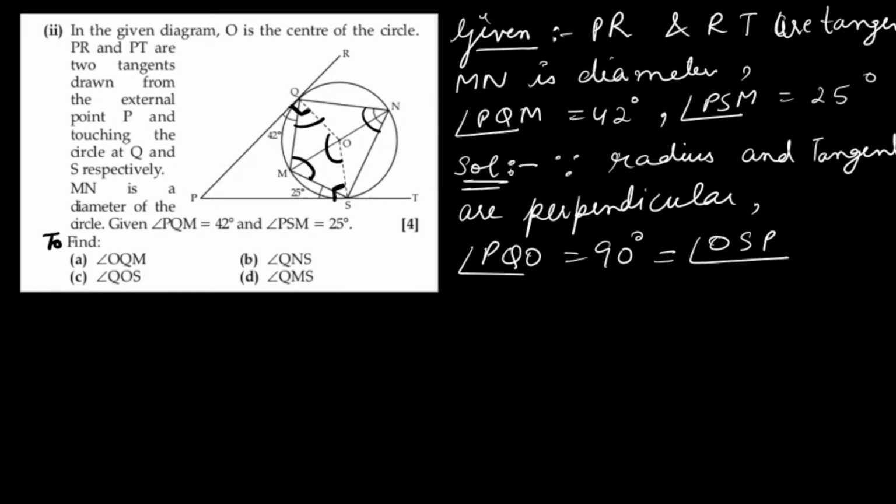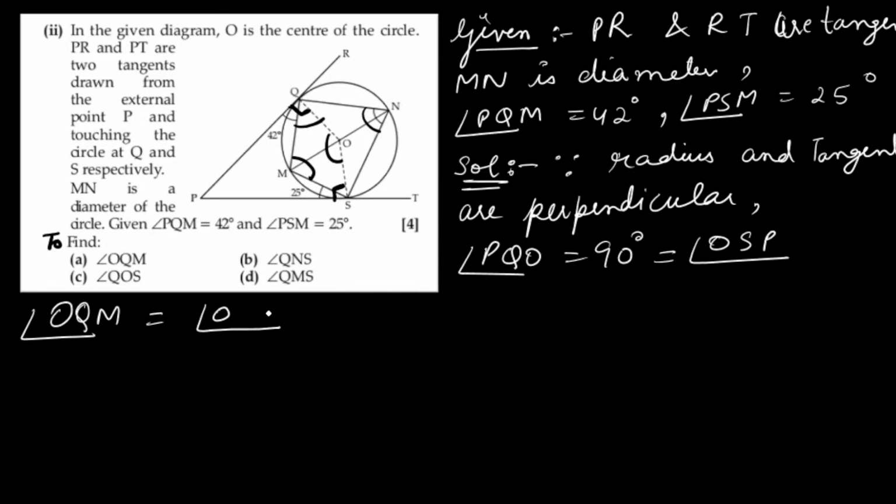We have to find the first one, OQM. So from total 90 degree, if I minus PQM, we'll get this angle. So I can write here angle OQM. A little bit you have to visualize the things here. So OQM is actually what?